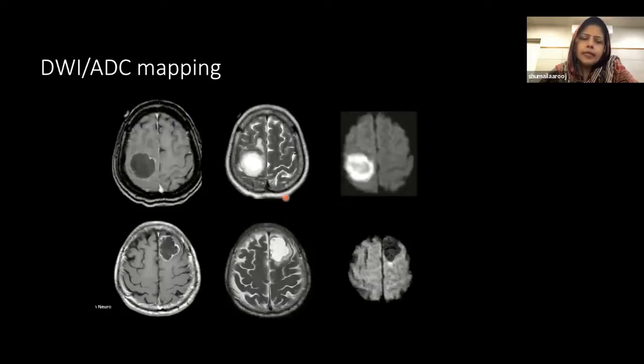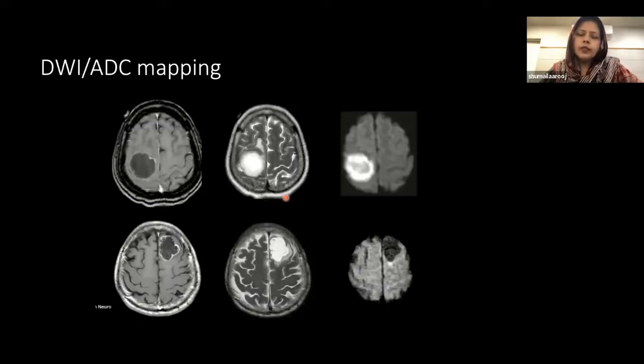There are many times when tumors and abscesses mimic each other and it is very difficult to decide the management in those cases. Abscess is an acute surgical emergency, whereas in tumor you may have to do some other sequences, you can counsel the patient in a different way, and the outcome is going to be different as well.